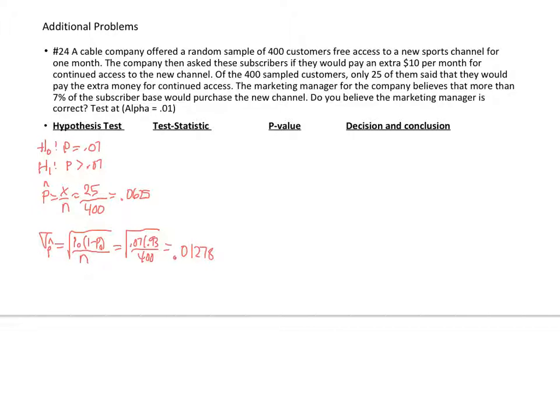So now we want our test statistic. Our test statistic T, or Z, I'm sorry, it's a Z test here, it's a one prop Z test, is equal to p hat minus p naught divided by sigma p hat, right?